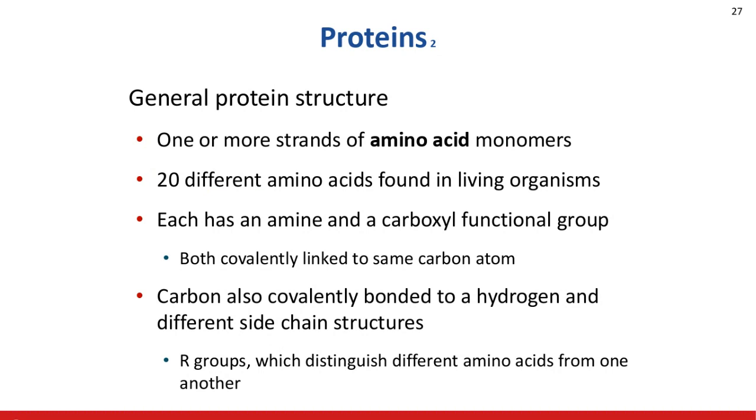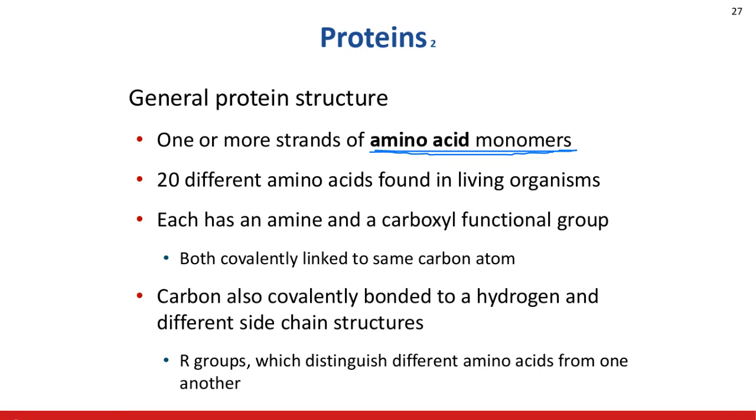First of all, you need to know that the building blocks for proteins are amino acids. Similar to how we saw with glucose and glycogen, we stuck a bunch of glucose molecules together and got the molecule glycogen. If we start to string amino acid monomers, individual amino acids, together, we can start to build proteins.